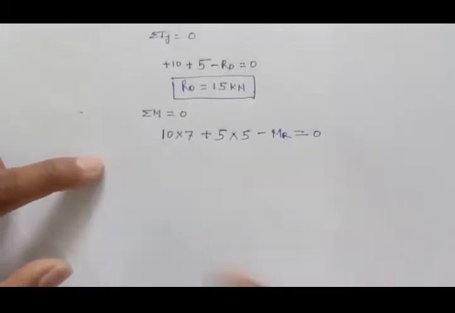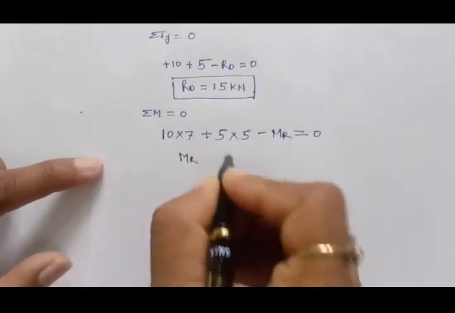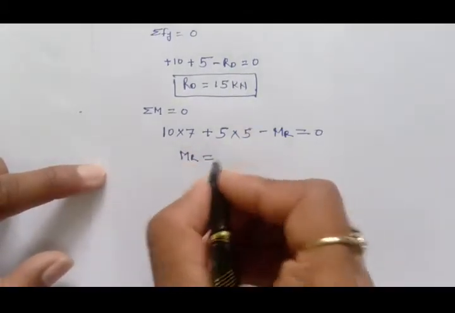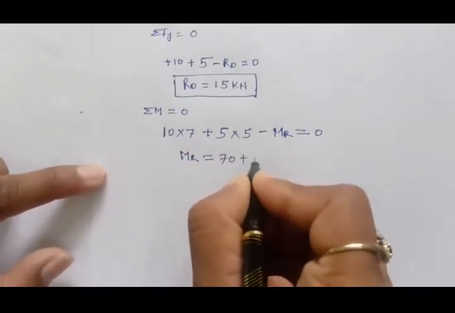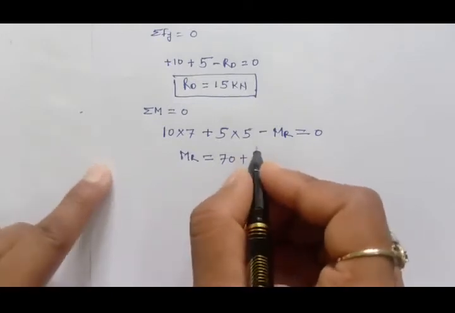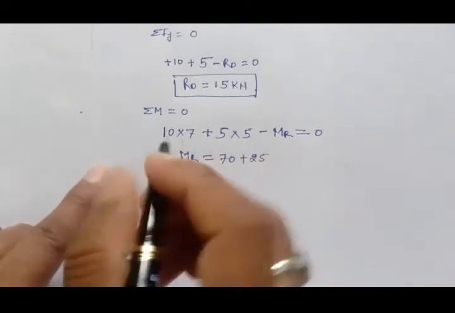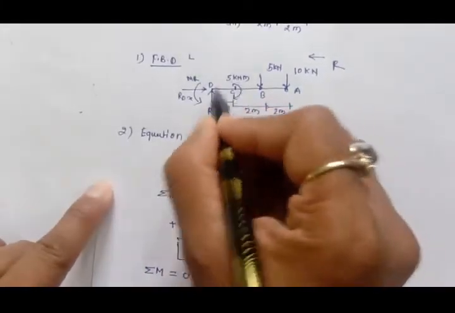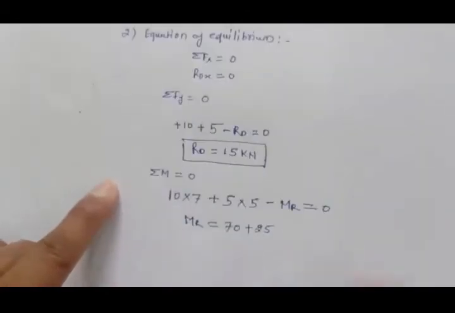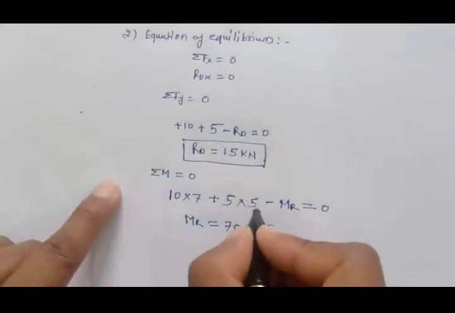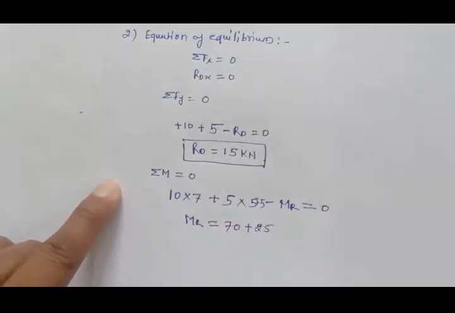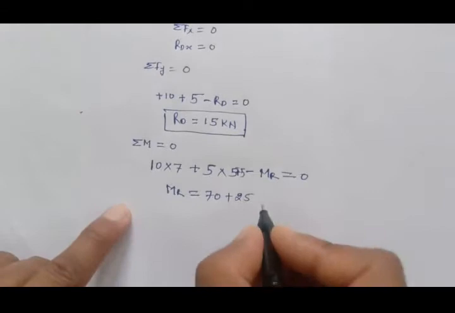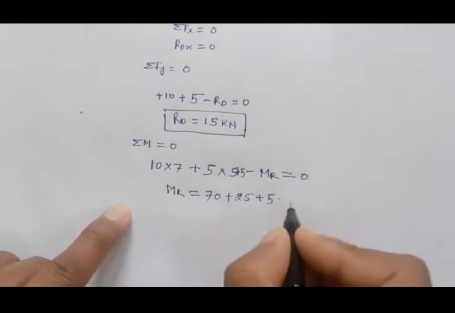So this MR will be, if you calculate, 70 plus 25, okay, one couple is also there, that is a 5 kilonewton couple having clockwise rotation, so the couple will be considered in this moment, so plus 5 will be there.